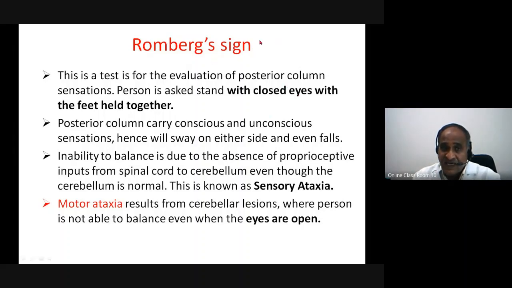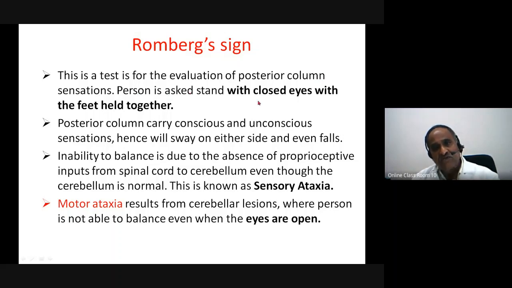Okay, leave aside that. This is a test performed for sensory ataxia. Anyway, when Romberg sign is positive, that indicates a sensory ataxia.